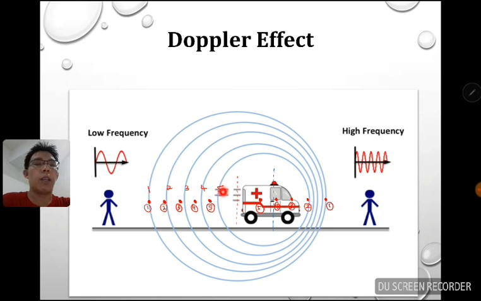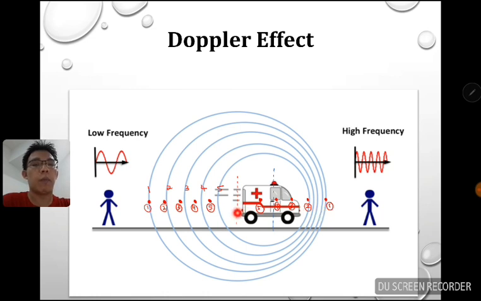By right, if the ambulance is not moving, then the wave fronts will not shift in such a way. You can see that here it is very spaced out, and here it is very cramped. If the ambulance is not moving, then it will be equally spaced like what I had drawn here. So this is the initial spacing of wave fronts 1, 2, 3, 4, 5 on the left hand side, and 1, 2, 3, 4, 5 on the right hand side.